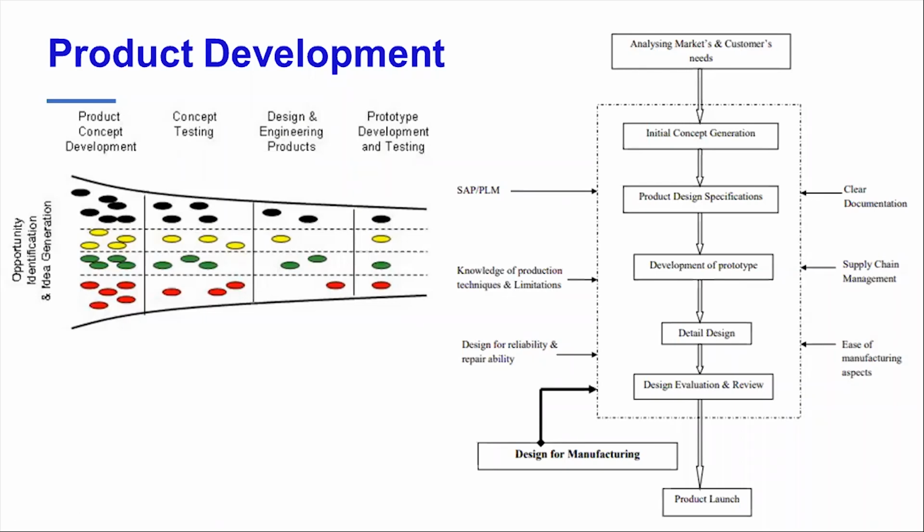You have to build the prototype. The prototype building is needed. Now you may say there is simulation, so why do we need to build a prototype? I would say that companies believe in simulation, yes, they leverage simulation, but testing is really an important part of any mechanical component.